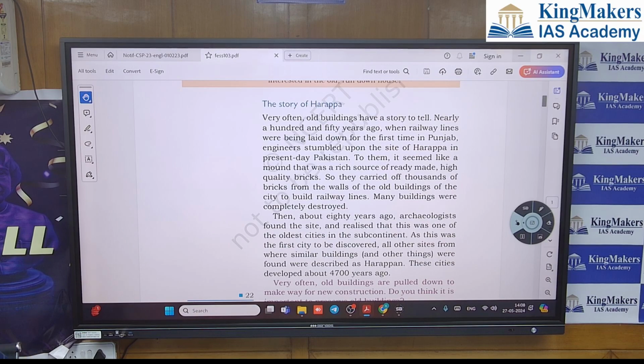Nearly 150 years ago, for the first time in Punjab, they stumbled upon the site of Harappa, in present-day Pakistan. High quality bricks.